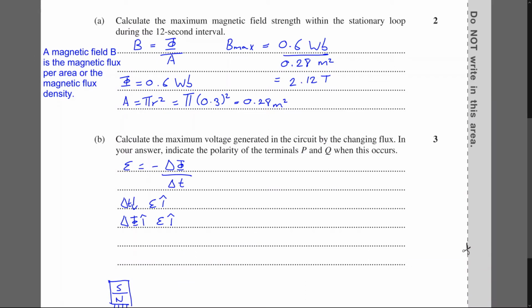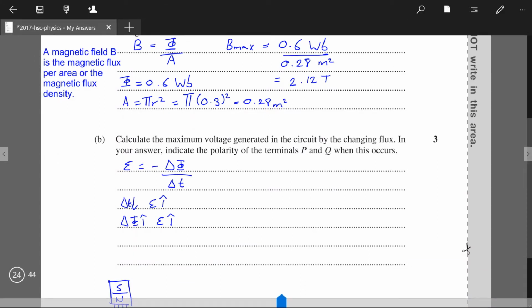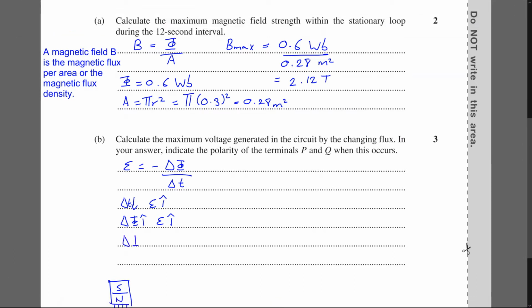So E is equal to negative, and I'll write it here, delta phi equals 0 minus 0.6 Webers. And delta T equals 12 minus 10 seconds. Sorry, that took way too long.